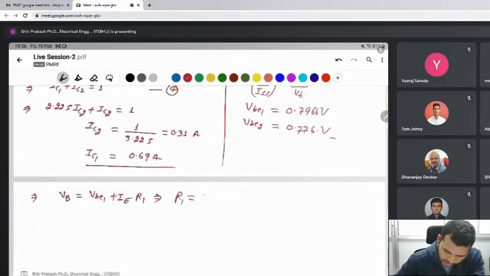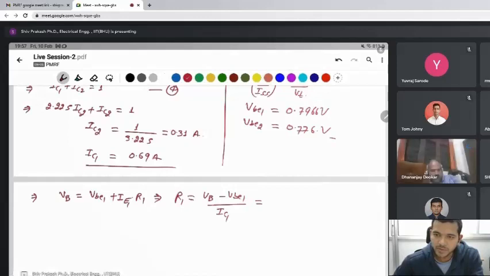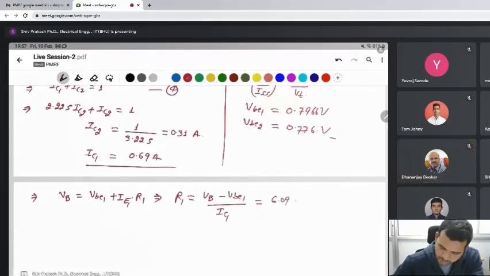Try to find R1. I is taken as IC1. Because beta is not given, you can take beta as infinity. You find R1 as 6.09 ohms.